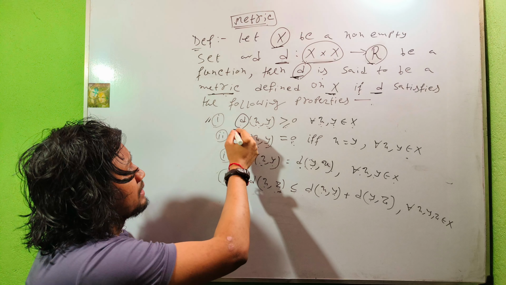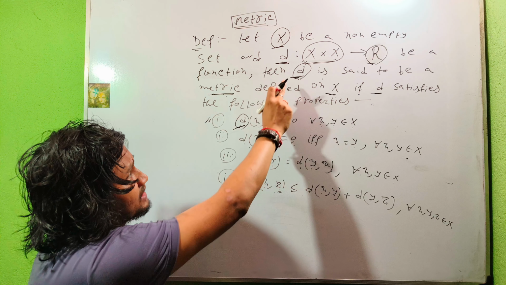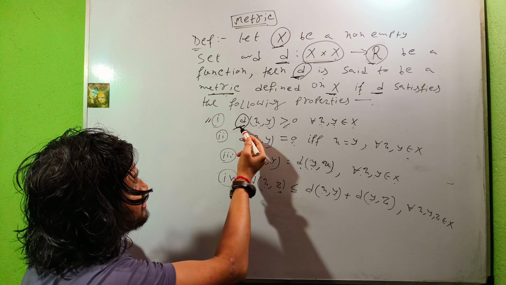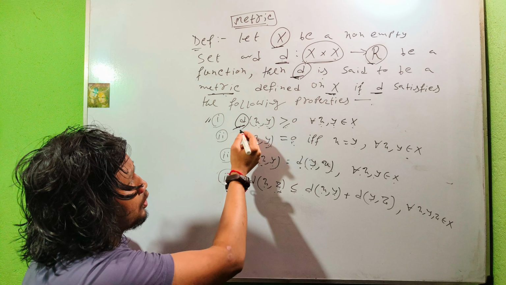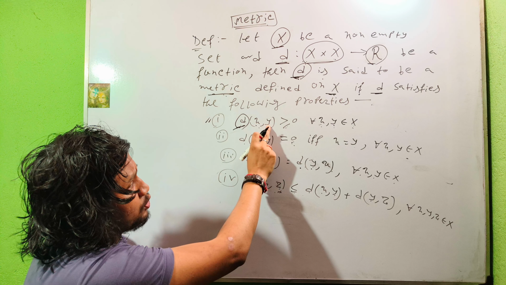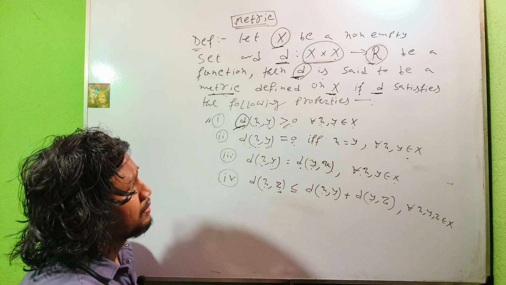D of x comma y is also read as the distance between X and Y. The function D is also known as a distance function defined on X. The distance between X and Y is always greater than or equal to 0.